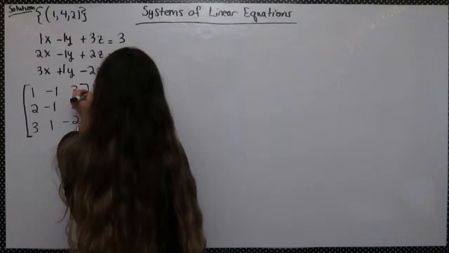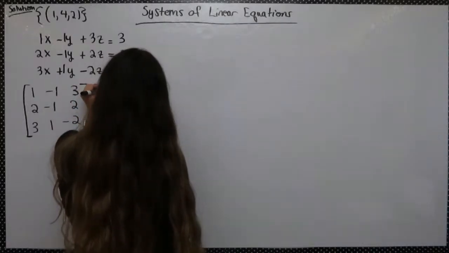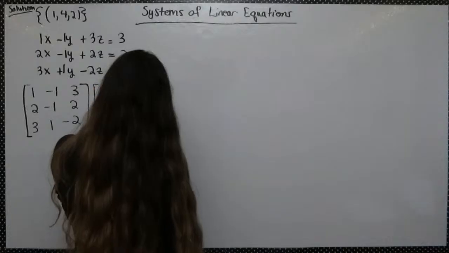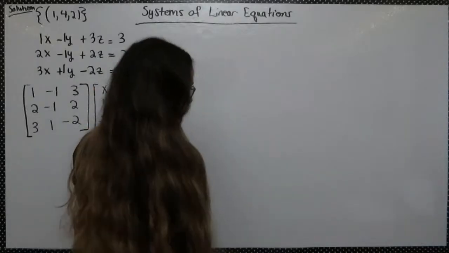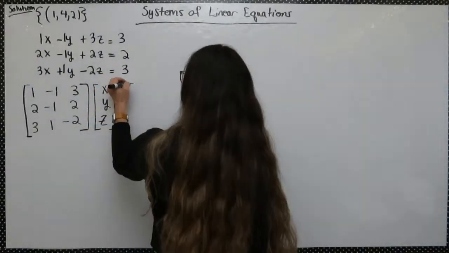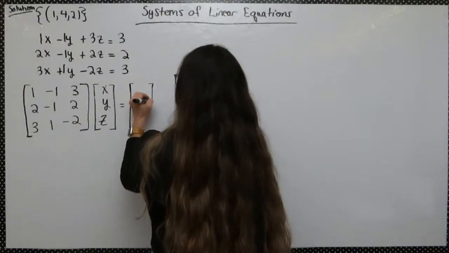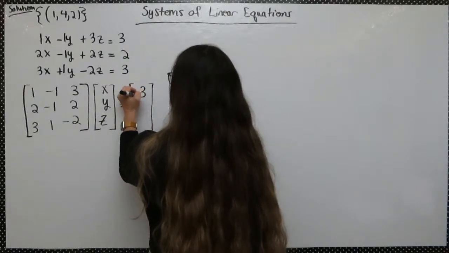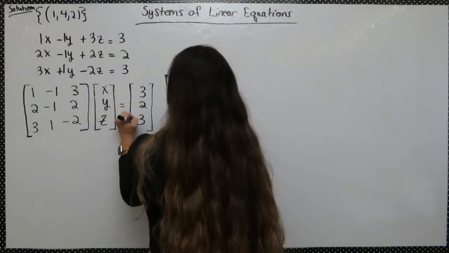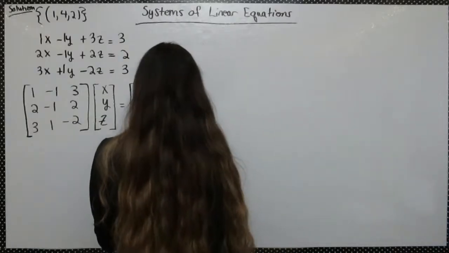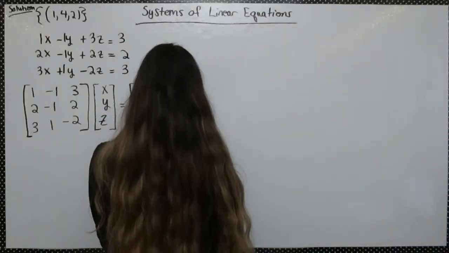And then we're going to multiply that by our variables x, y, and z. And then that's going to equal our constants: 3, 2, 3.